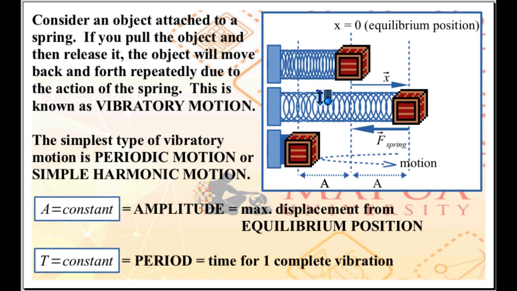So if you look here, 1/2 k A squared. If you look at the equilibrium position, the total mechanical energy is 1/2 k A squared. If you look at this location, at this position, the total energy is 1/2 k A squared and so on.